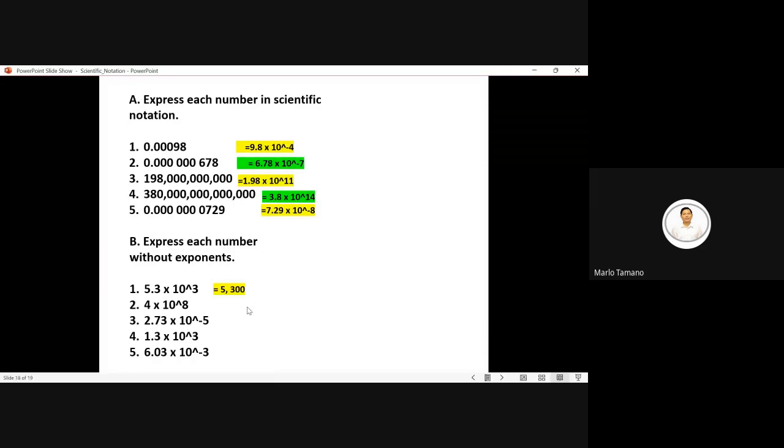Sige, Orbe, go. 4 million. 40 million. 400 million. 3, 6, 7, 8.